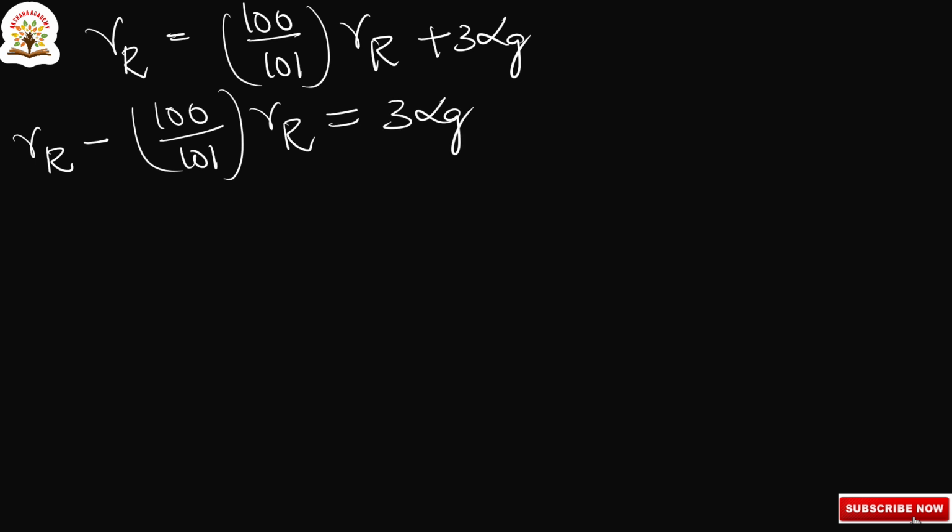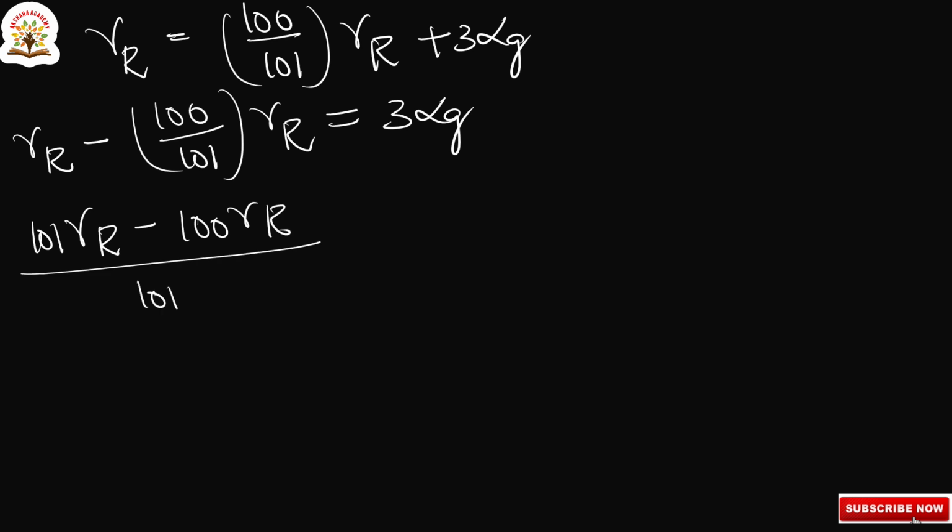Taking LCM, 101 gamma R minus 100 gamma R by 101, that is equal to 3 alpha g. Here 101 gamma R minus 100 gamma R, 101 minus 100, is 1.